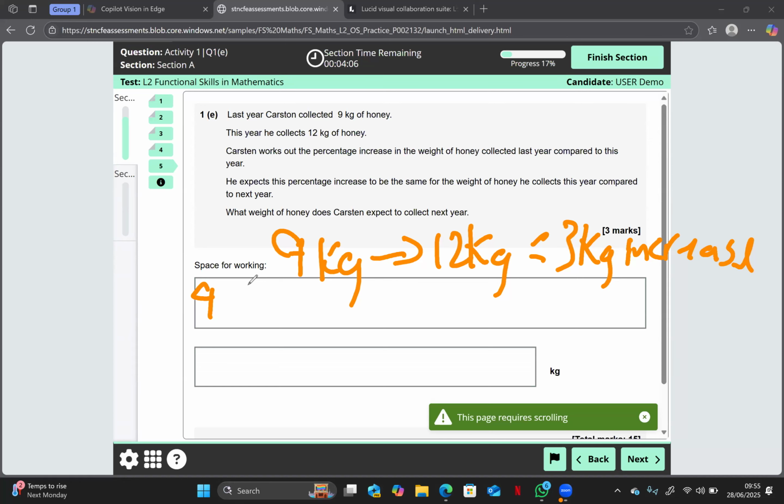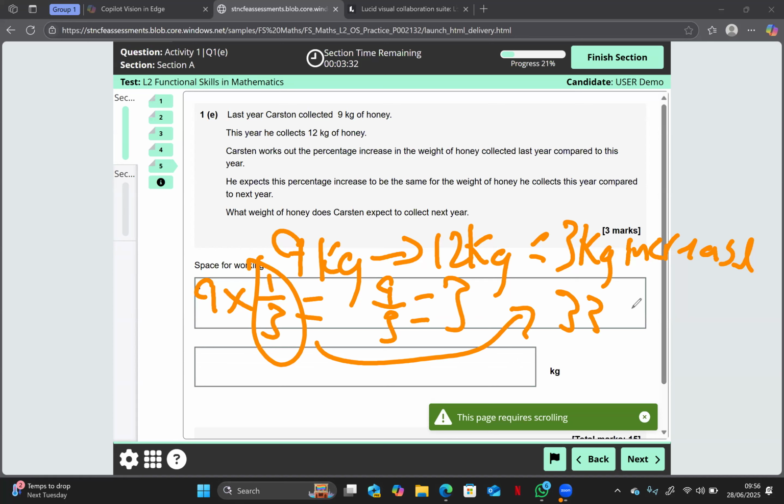Yeah, that's a 33% increase because all we've done is we know that 9 times 1 over 3 equals 9 over 3, which is 3, and 1 over 3 equals 33.3 percent increase.